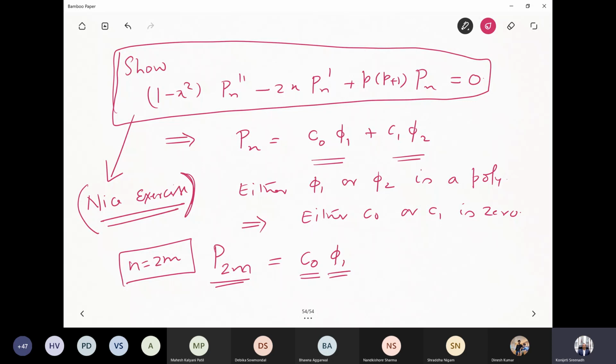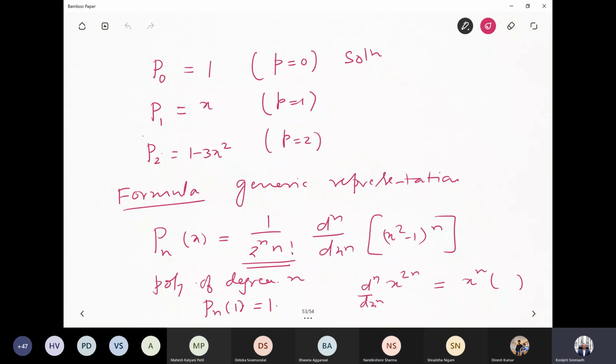Pn of 1 is 1. Sir, how did we get this? If you put x equal to 1, it becomes 0, no, sir? No, it doesn't become 0. It should not become 0, right? That's why I said Pn of 1 is 1.